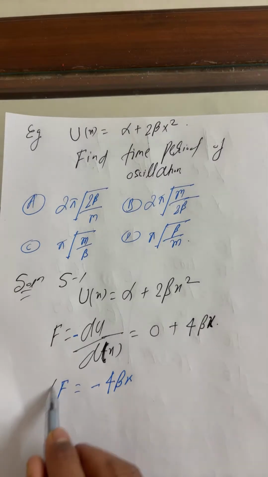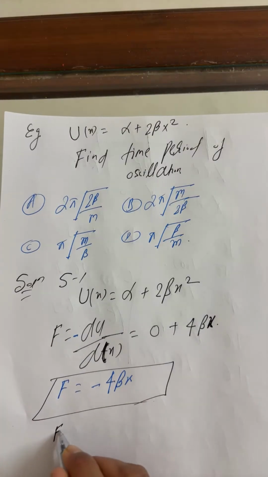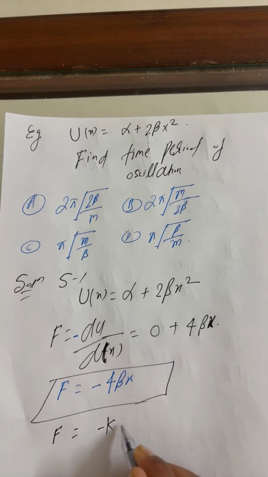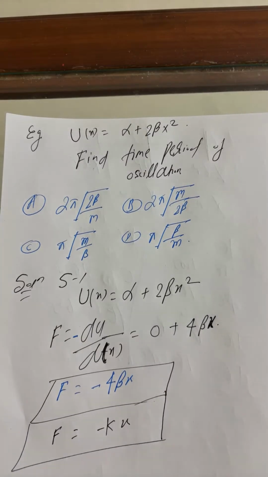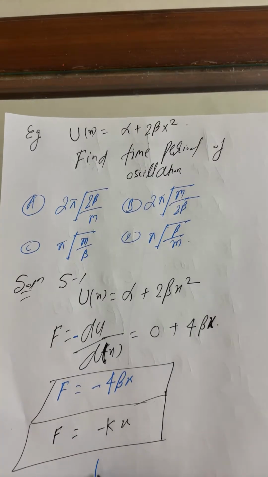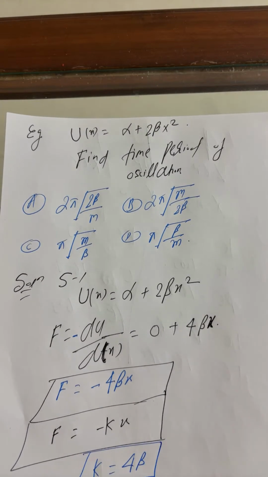Now, if you remember the oscillatory equation of SHM, F is equal to minus kx. Both look very much similar. So we can see, student, k is equal to 4 beta.